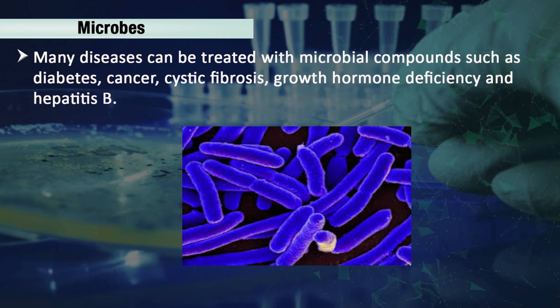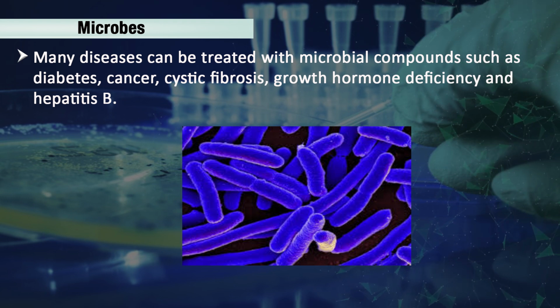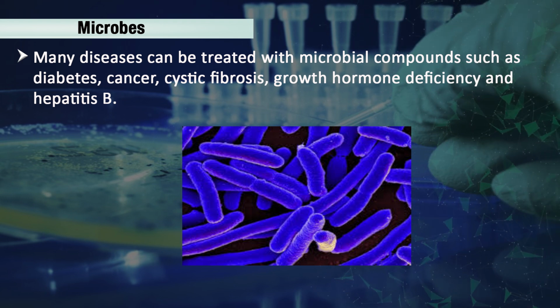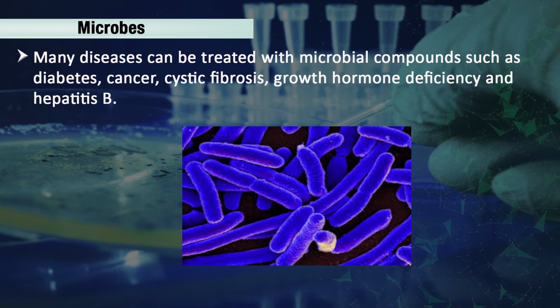Many diseases can be treated with microbial compounds, such as diabetes, cancer, cystic fibrosis, growth hormone deficiency and hepatitis B. In addition, microorganisms are also factories for industrial enzyme production, which are used to enhance detergents, to clean up toxic waste, to replace chemicals in paper and pulp processing and for oil extraction.